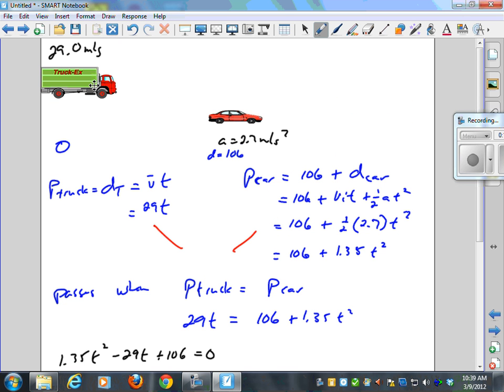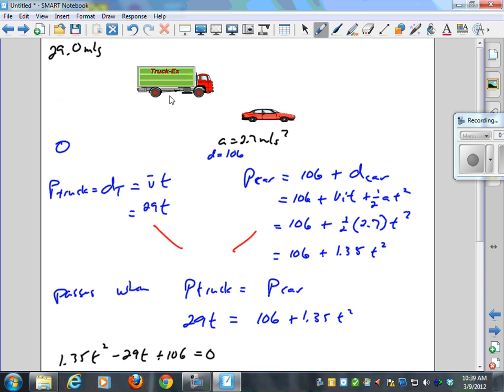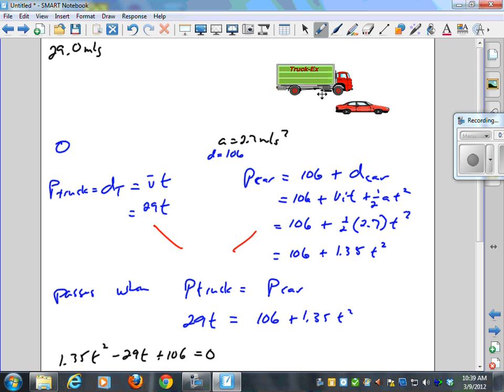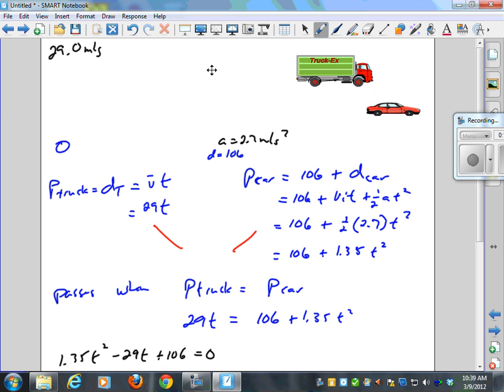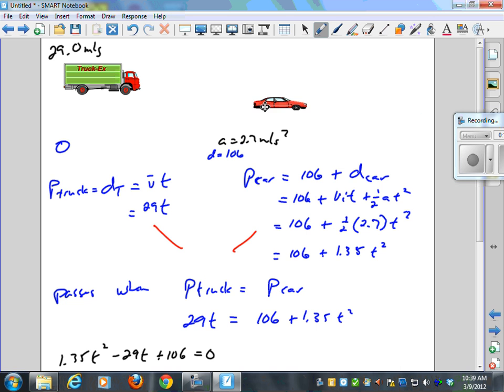Because the truck is traveling along at a constant speed, at some point it's going to overtake the car, right? But remember, it's moving at a constant speed. The car is accelerating. So there's going to be some point when the car catches up to the truck, because the car is continuing to accelerate. So there are two times when the car and the truck are in the same spot.